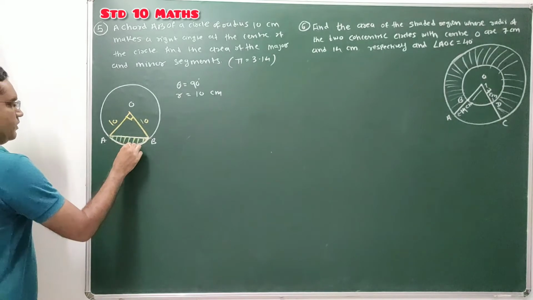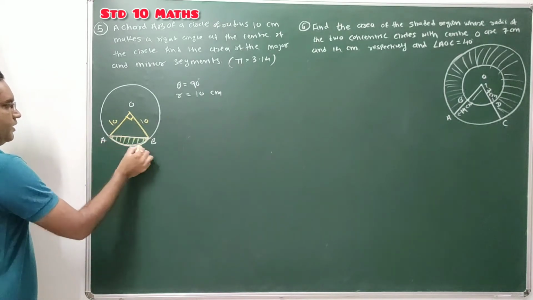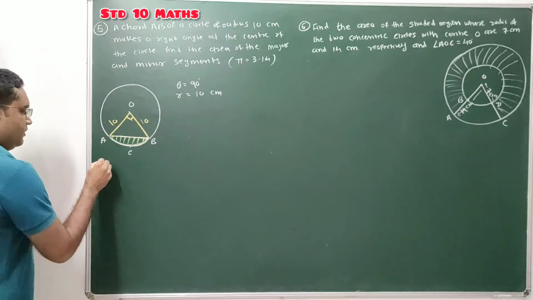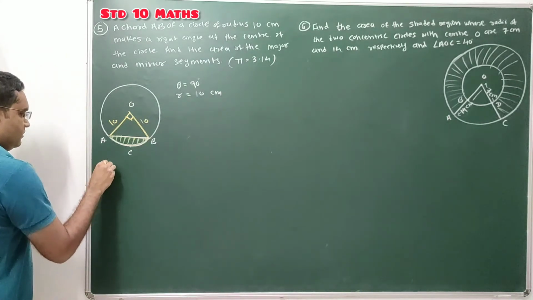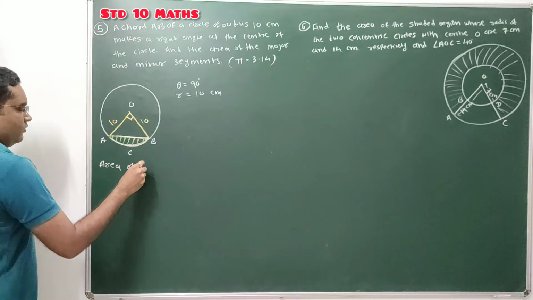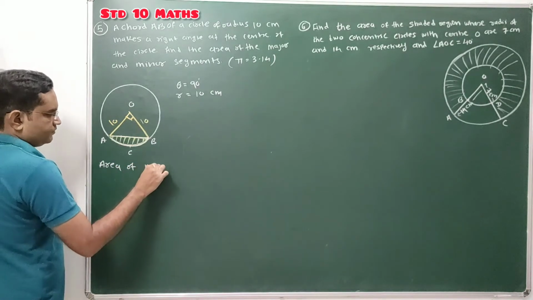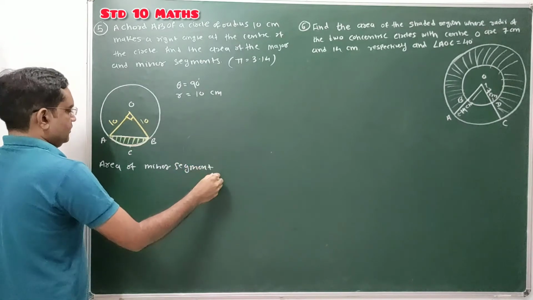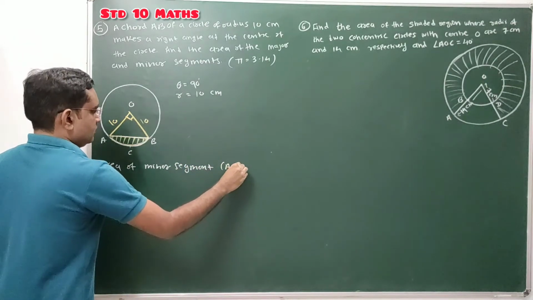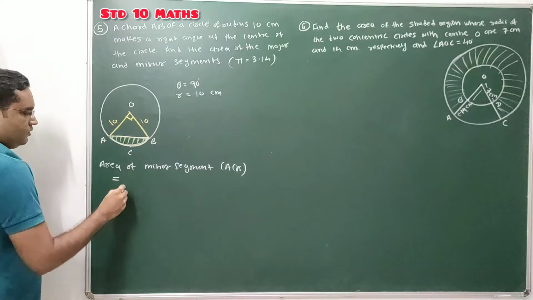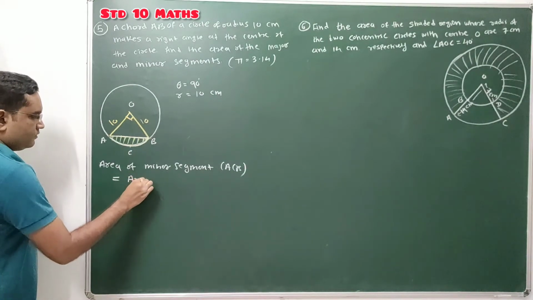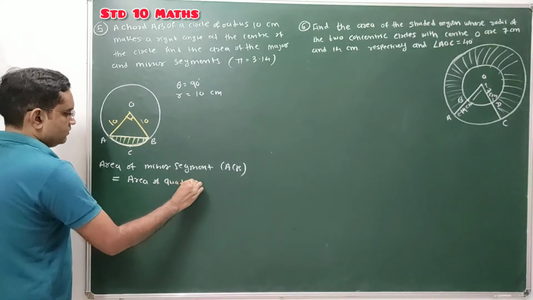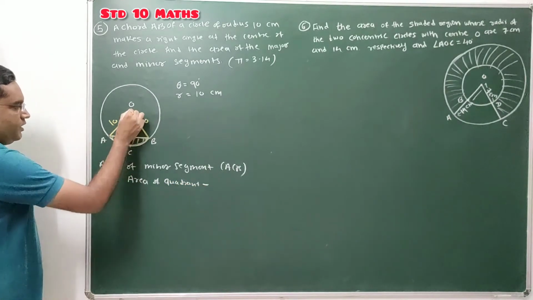Suppose one point C is over here, so area of minor segment ACB is equal to area of quadrant minus area of triangle AOB.